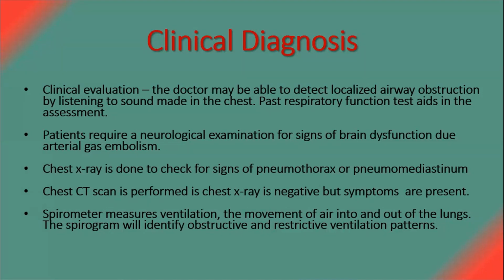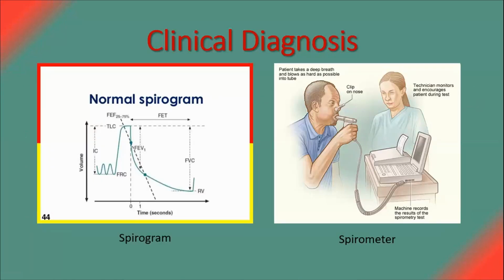Then the patient should go for a neurological examination, a chest X-ray, and a CT scan. The patient should also have ventilation measured, the movement of air into and out of the lungs, using a spirometer. So this is the spirogram and the spirometer that should be used.